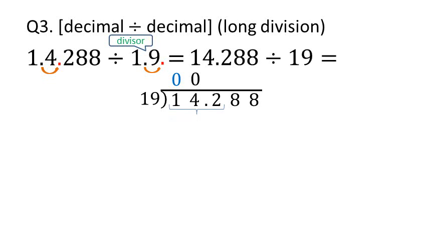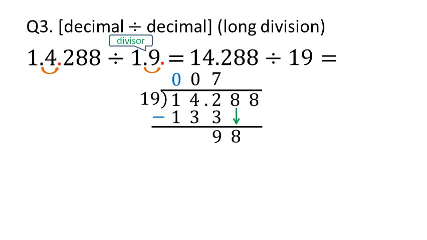How many 19s can fit into 142? We have 7 19s in 142. 19 times 7 is 133. Subtract 133 from 142, which is 9. Then we move the 8 down.